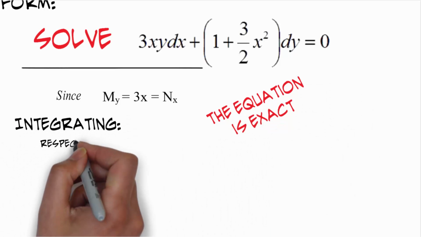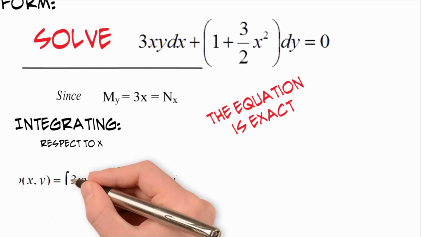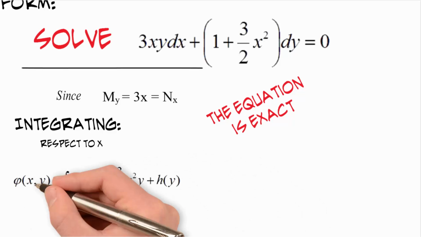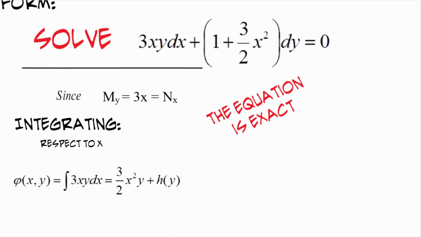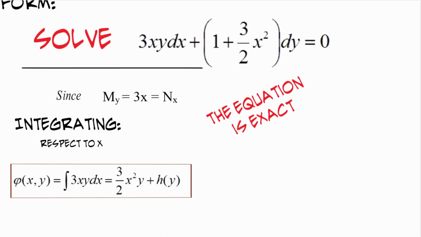Phi of x,y is the solution of the exact equation. Integrating with respect to x gives phi of x,y equals the integral of 3 times x times y dx equals 3 over 2 times x squared times y plus h of y, where h of y is some function of y to be determined.